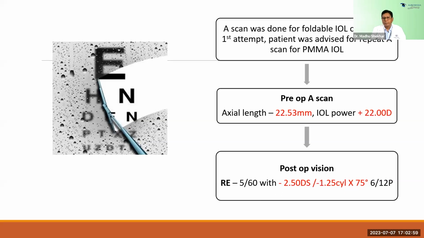Then the patient was sent back for repeat refraction. In this case there was also a post-op surprise. It was 5/60 vision, and it was improving to 6/12 with -2 diopter of spherical and 1.25 diopter of cylinder.